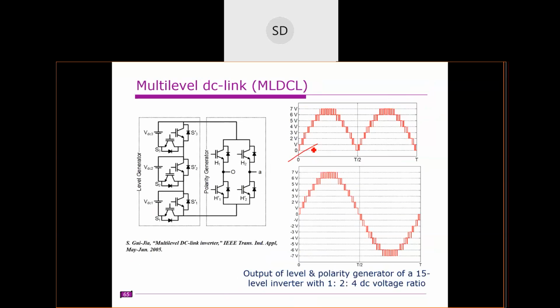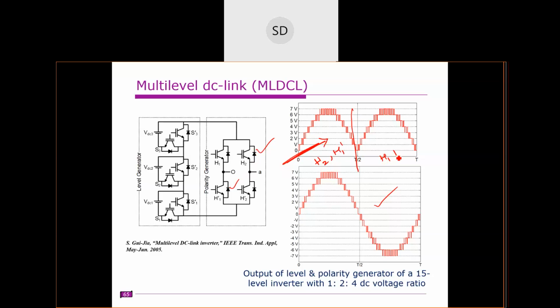So this is the output of level generator, and this is the output of polarity generator. From up to here, the switches H2 and H1 dash are operating.